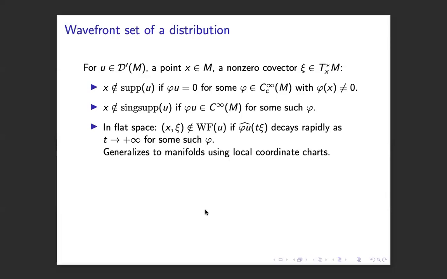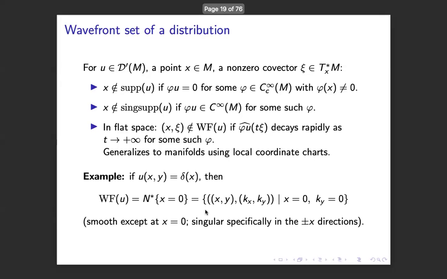So if in some direction it does not decay rapidly, it means that your distribution is singular at that point and in that particular direction. This can be generalized to manifolds using local coordinates. I will just give an example to illustrate the main idea.